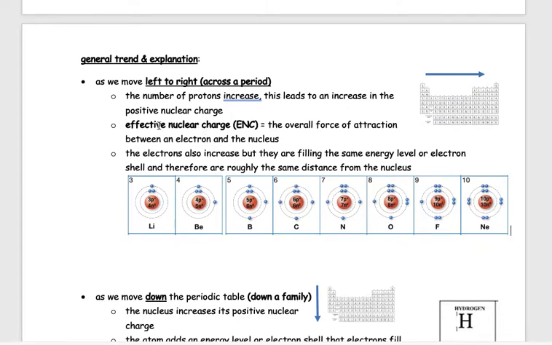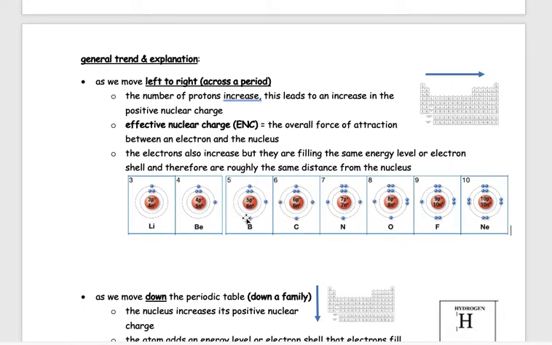So we call this the effective nuclear charge. Just think of it as the little power of the nucleus. The effective nuclear charge, ENC, is the overall force of attraction between the electron and the nucleus. As we go across the period, we do have the electrons increasing, but they are just going onto the same ring.